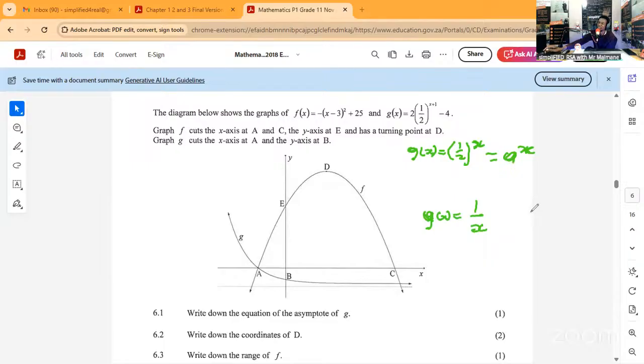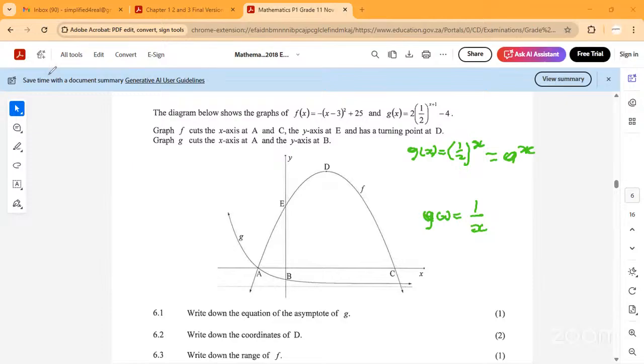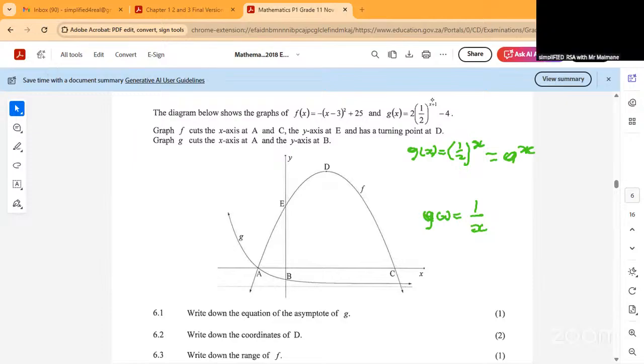Doesn't it look exponential? It does. So it could be an exponential function.